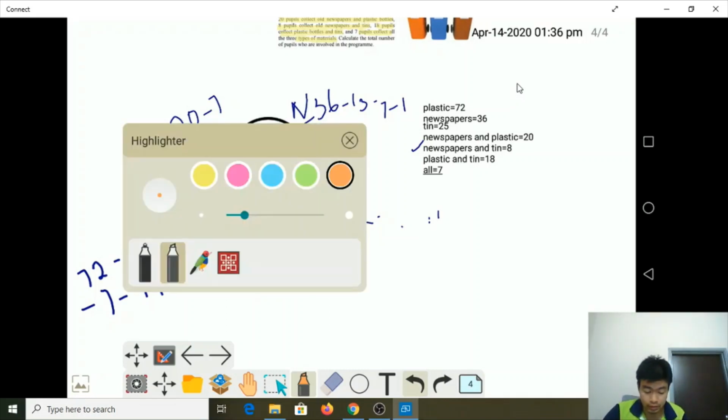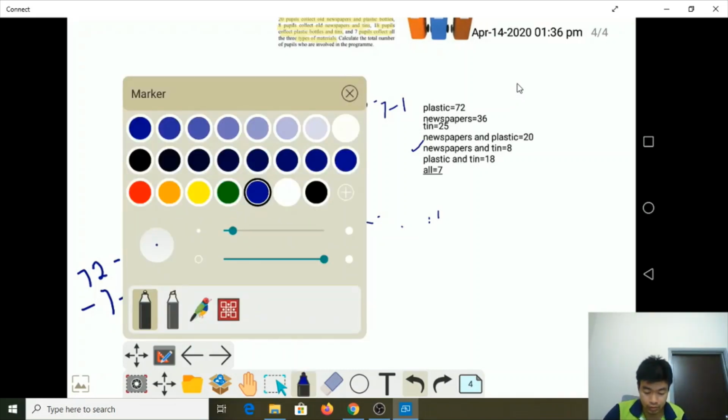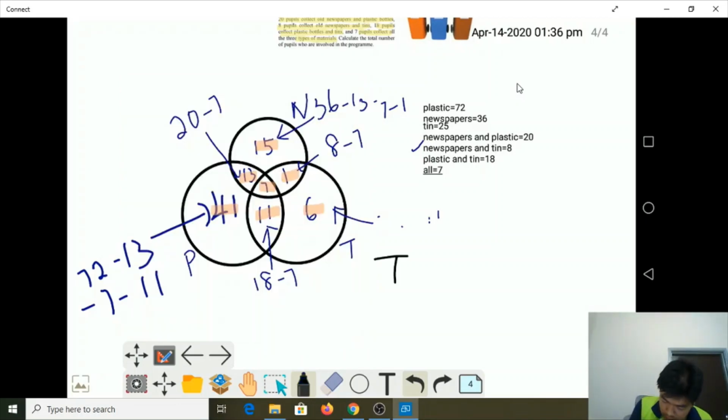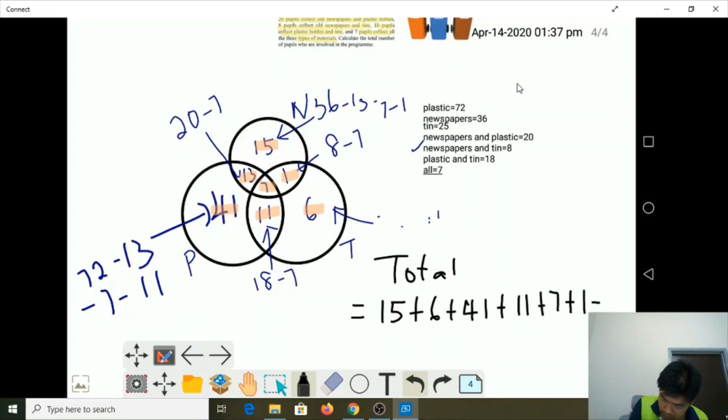Right? So let's go. I'm going to use the black pen. Total number of the participants equals 15 plus 6 plus 41 plus 11 plus 7 plus 1 plus 13.